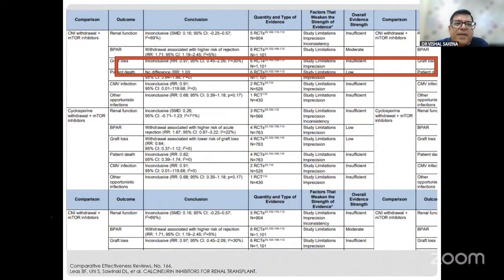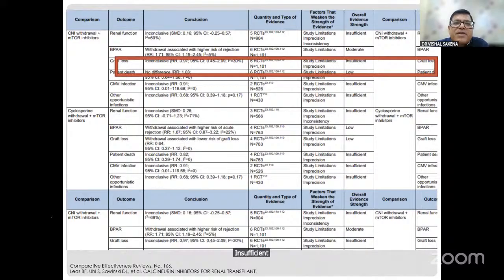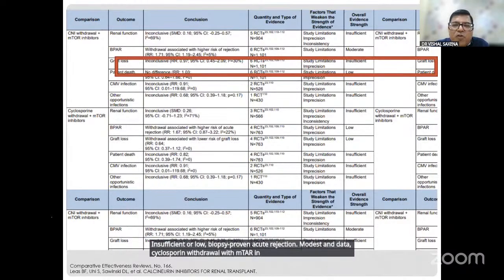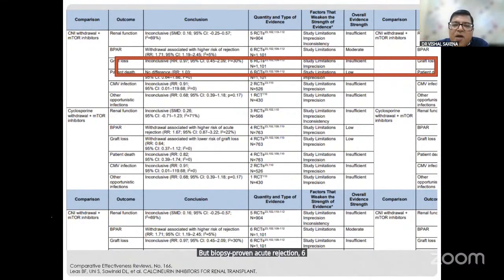CNI withdrawal with mTOR inhibitor, graft loss and patient death, insufficient or low. Biopsy-proven acute rejection, moderate strength data. Cyclosporin withdrawal with mTOR inhibitor, all were insufficient or low strength data. CNI withdrawal with mTOR inhibitor, insufficient, but biopsy-proven acute rejection, 6 RCTs, moderate strength data.